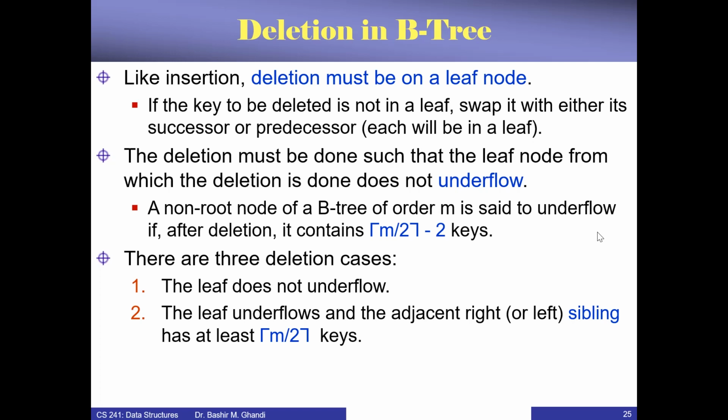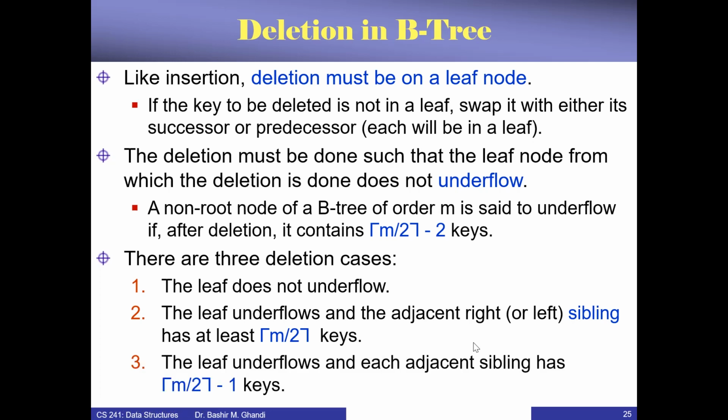Case 2, the leaf underflows and the adjacent right or left sibling has more than the minimum. Remember, the minimum is ceiling of m/2 minus 1. So if the right or the left has more than the minimum, you can borrow from that left or right sibling to solve the underflow problem. Again, we shall see what this means with an example.